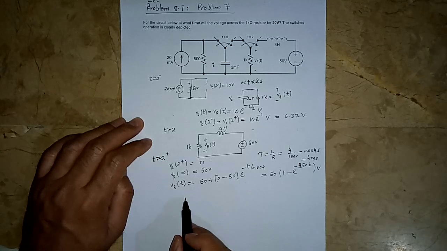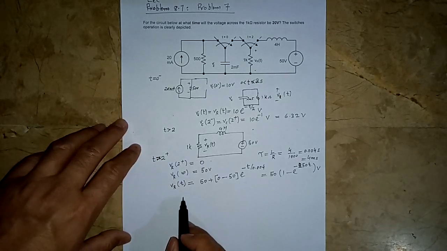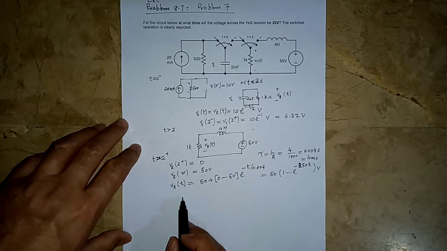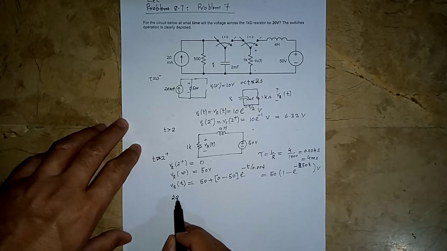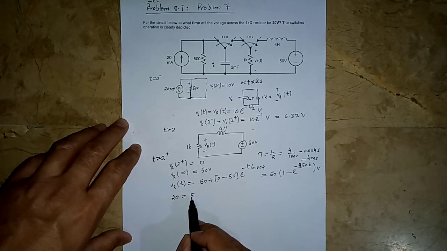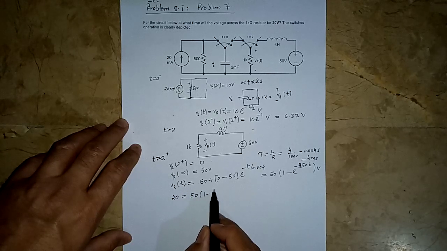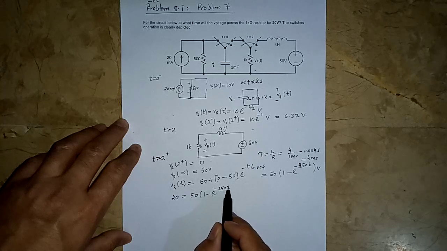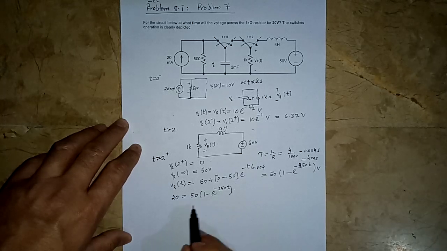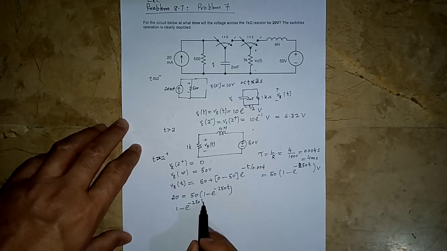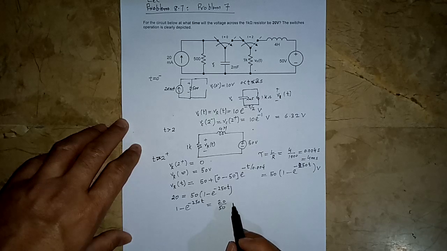Now this is the expression for VR(t), but this is not what the question asks. It asks the time at which VR(t) will be 20. So now we know VR(t) will be 20, and this is the expression. So we know that 1 minus e raised power minus 250 t would be 20 over 50 at that point.